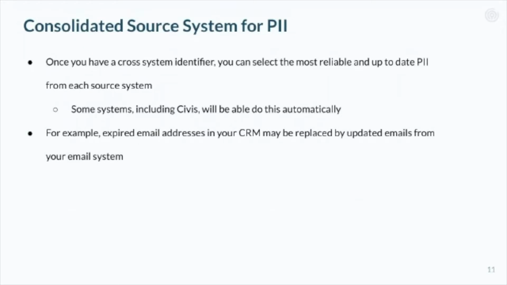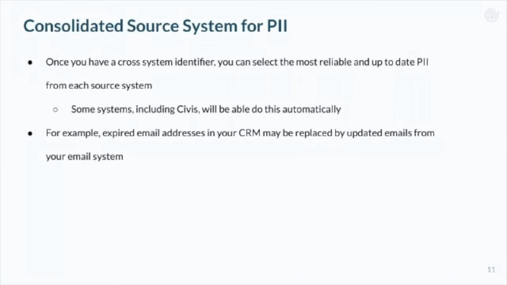Like we've talked about, that can be names, addresses, emails, anything that you can match back to a person and that's going to change over time. Civis does have a solution for this, and one of the outputs is a single, golden table for grabbing that most reliable PII.